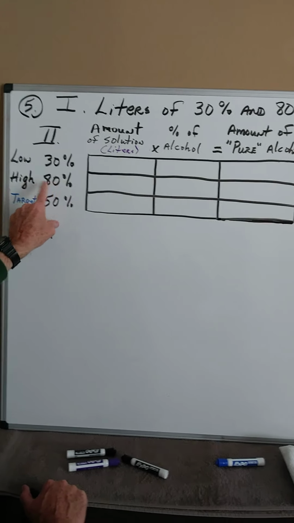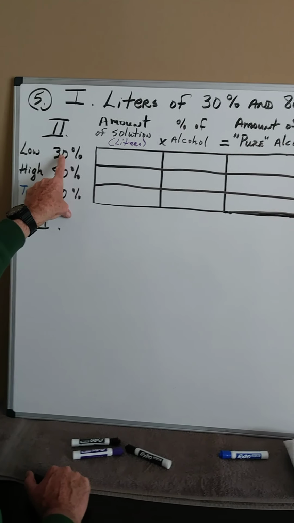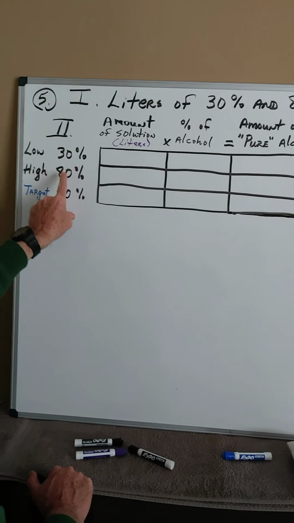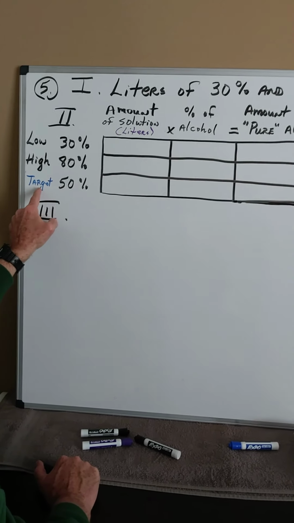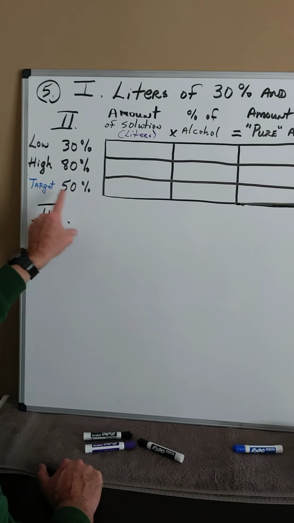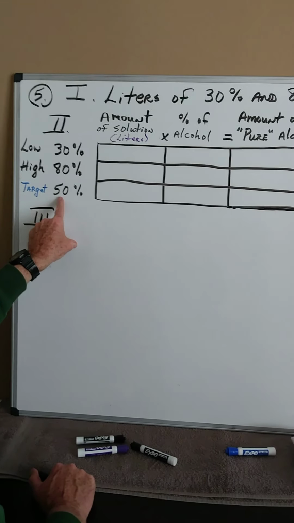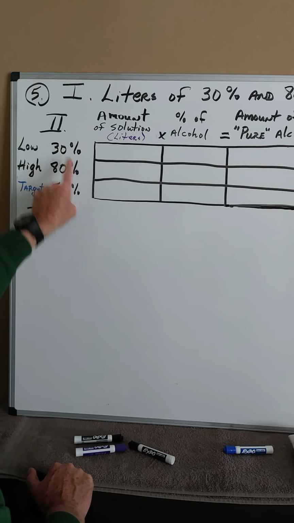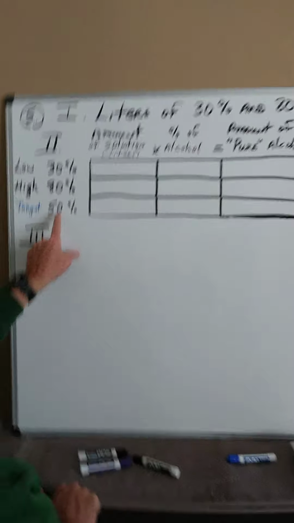Row 2, the highest strength of 80. He's mixing low with high. And the title of the third row is his targeted strength of alcohol solution that he needs. 50%. Low, high, target, the one in between.